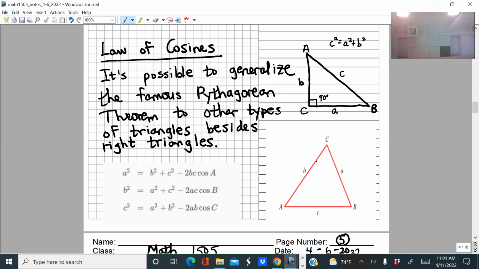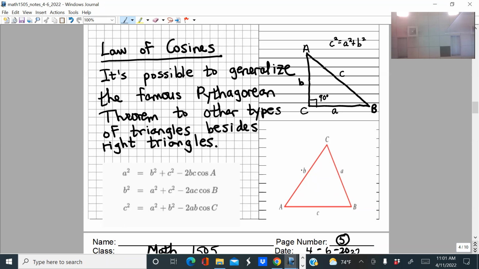All right. So let's look at that. Again, here's our triangle. What the law of cosines says is the length of this side squared is going to be the square of these two lengths added together. So that's like the Pythagorean theorem: c squared is a squared plus b squared, but we have to subtract off something now.